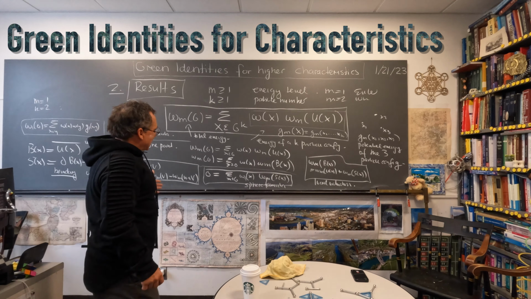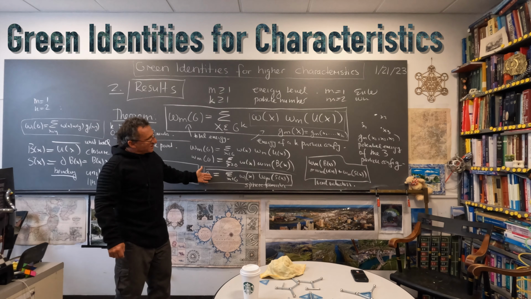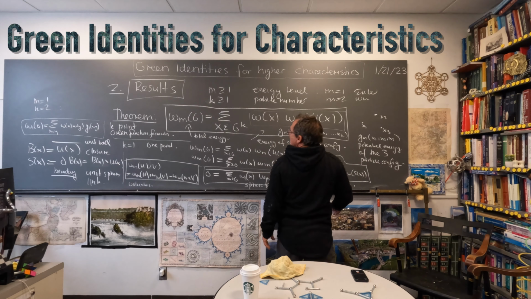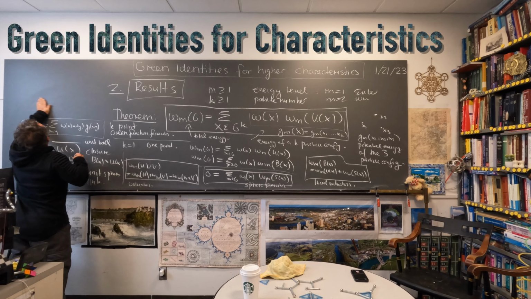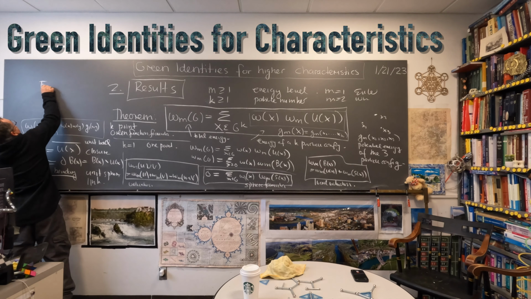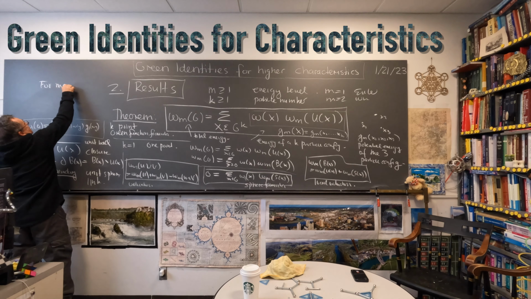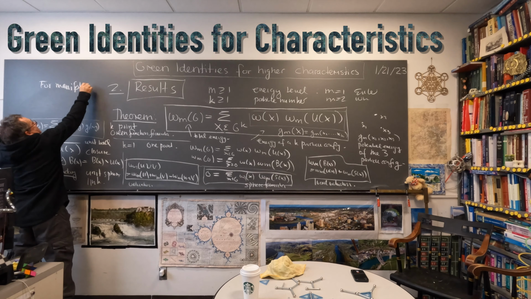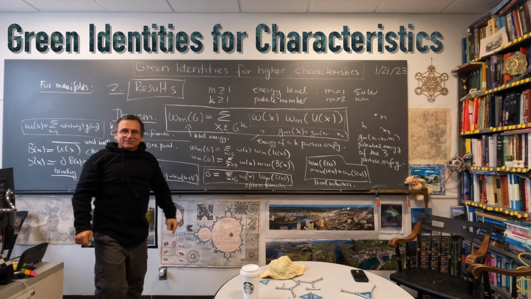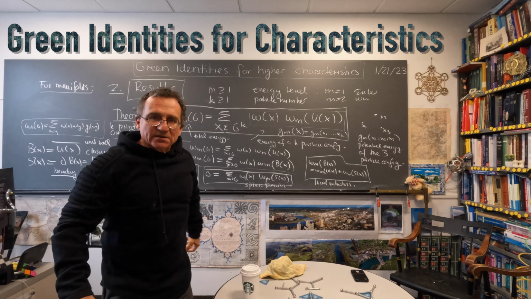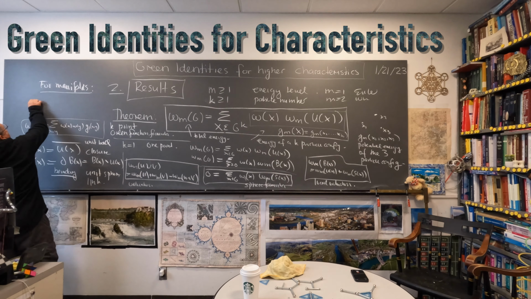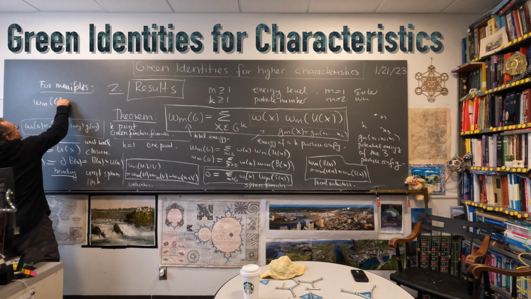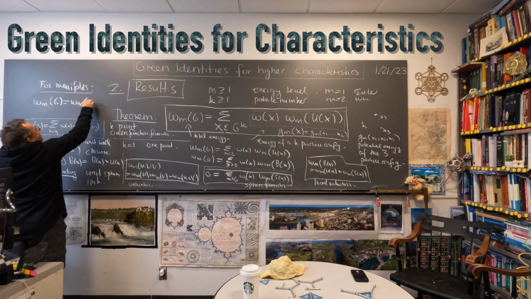And so what happens is, for manifolds, I think I defined what a manifold is already about 10 times in these videos. So for manifolds, the WMG is W1G.